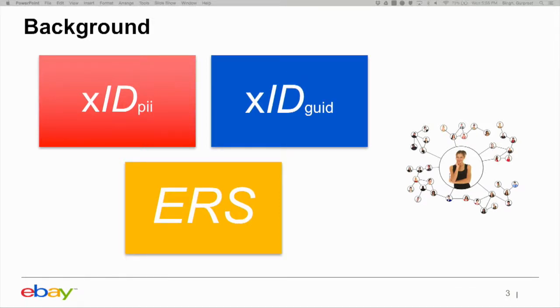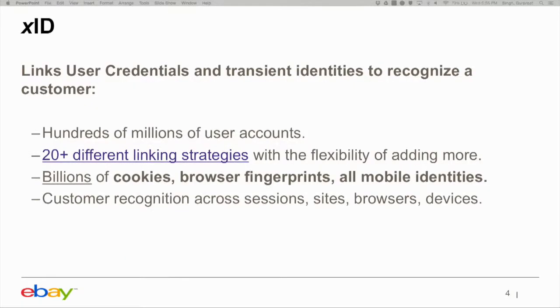So this is an overview. XID links user credentials and transient identities to recognize a customer, right? We have hundreds of millions of accounts, 20 plus different linking strategies. By linking strategy, we can have phone number as one linking strategy, first name, address, all those kinds.